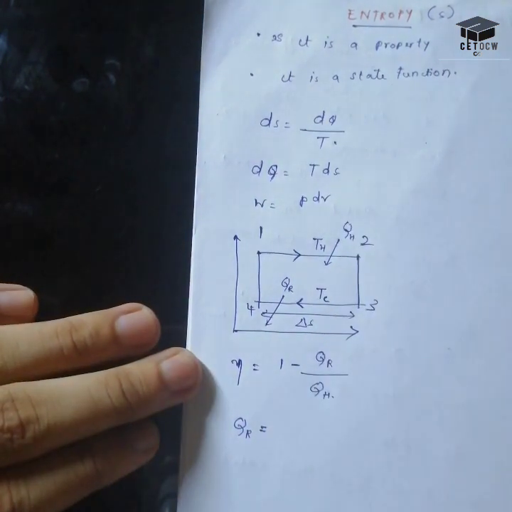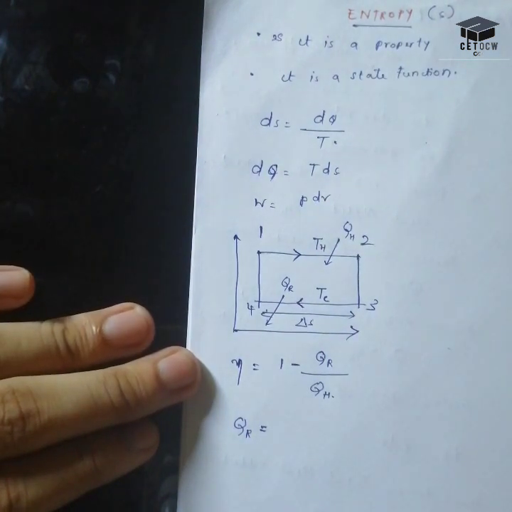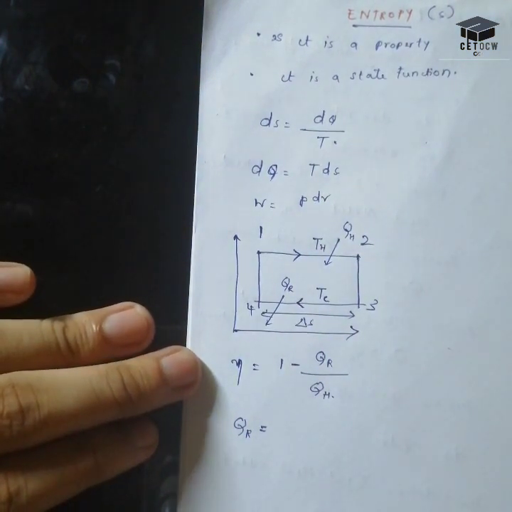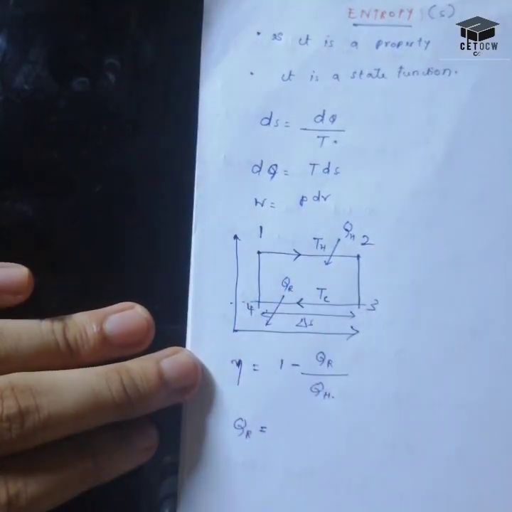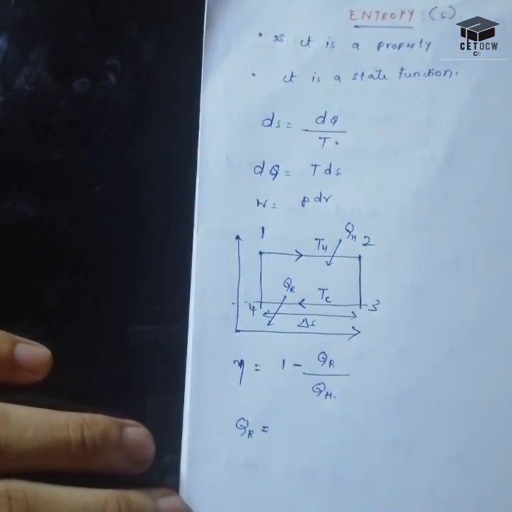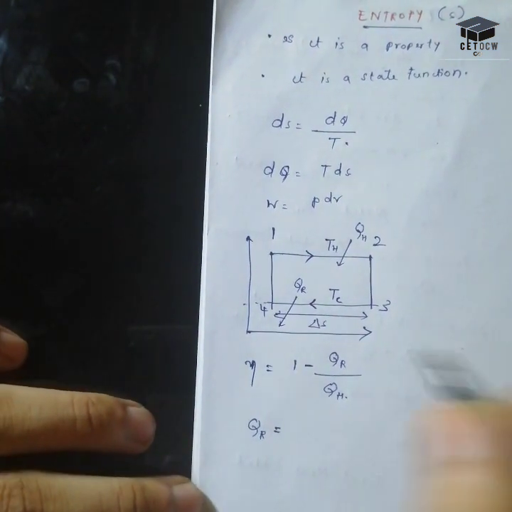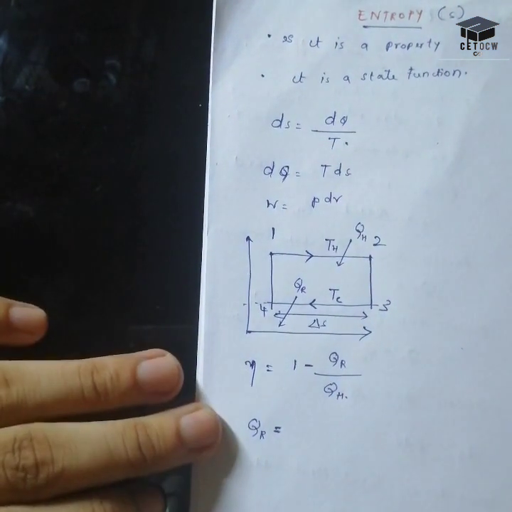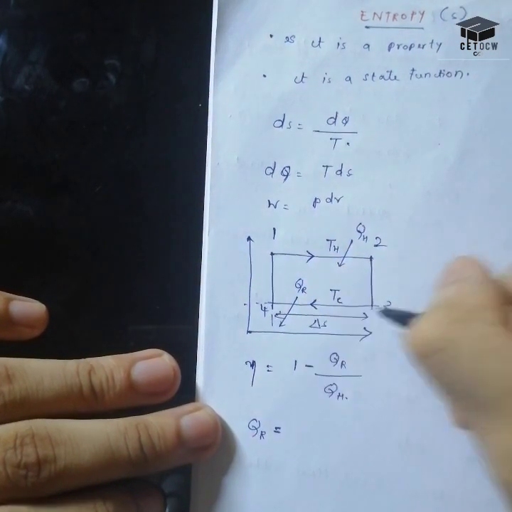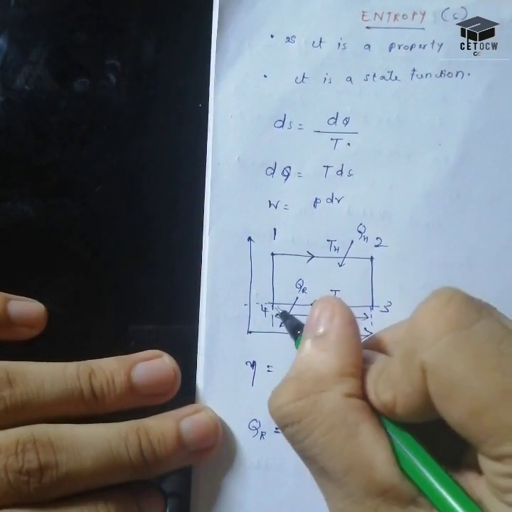As we know, the area under the TS diagram will give the value of heat added or heat rejected. So the value of heat rejected QR will be this area.